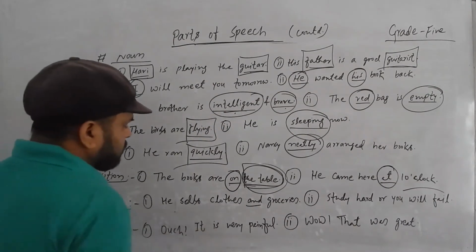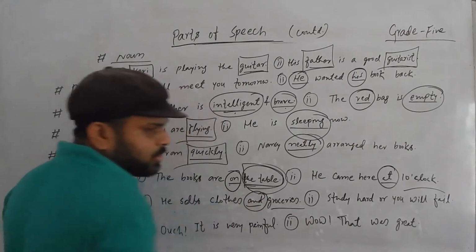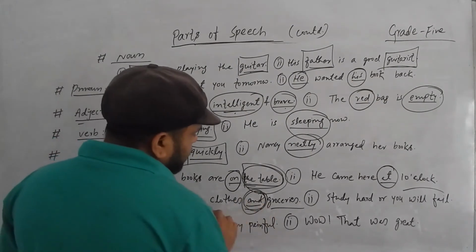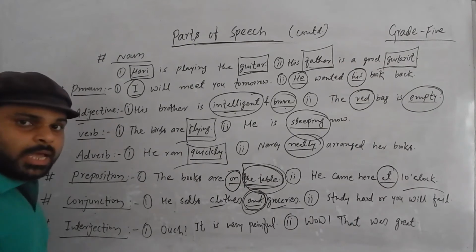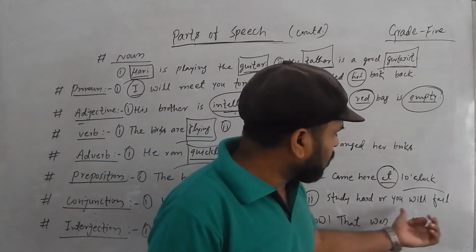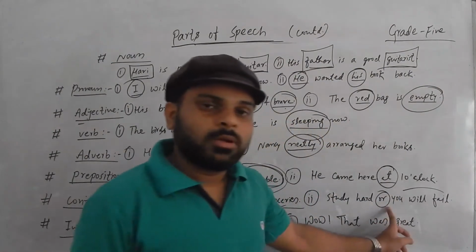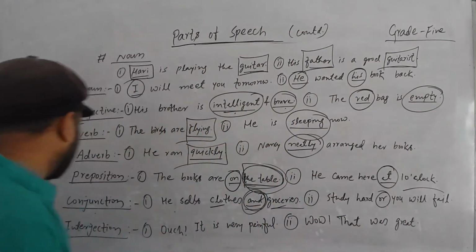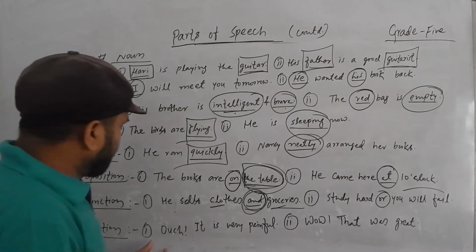He sells clothes and groceries. This and is linking clothes and groceries. Conjunction is a linking word as per your definition. Study hard or you will fail. Here or is the conjunction. Next, interjection.